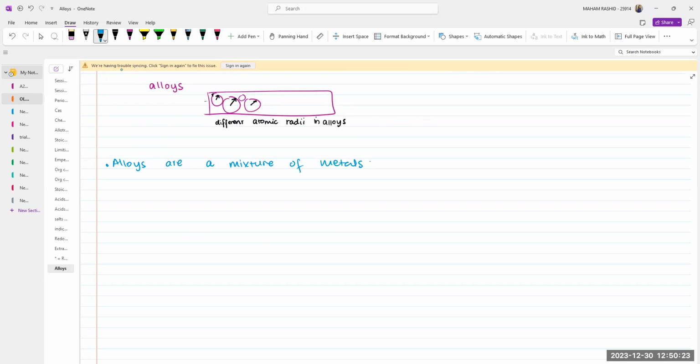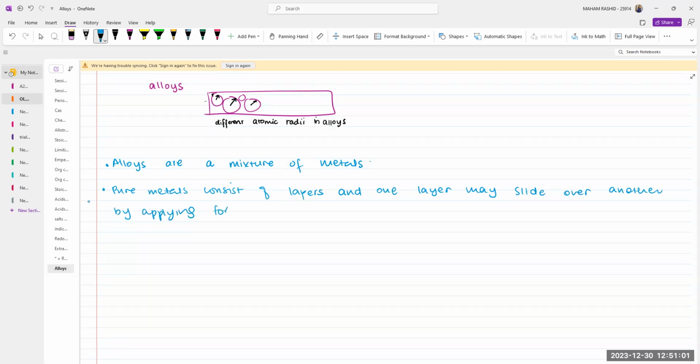Alloys are a mixture of metals. Pure metals consist of layers and by applying force.